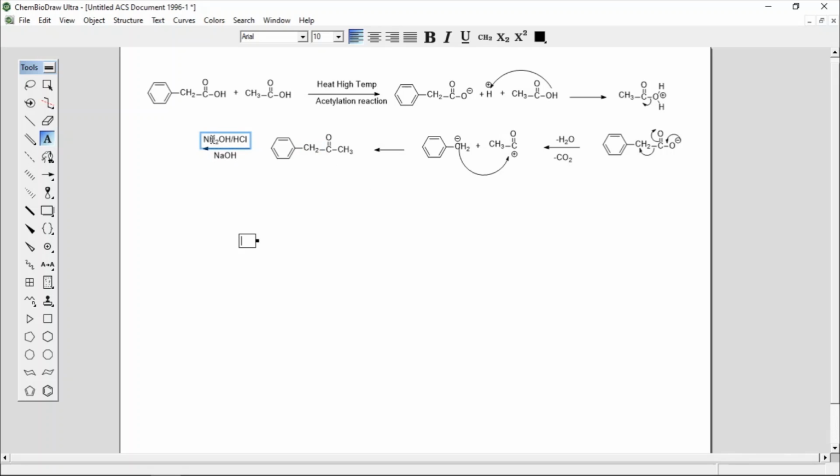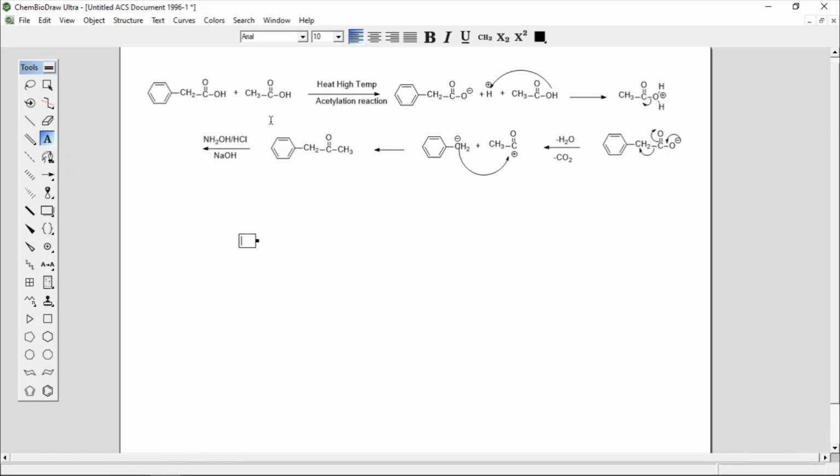In NH2OH both oxygen and nitrogen have lone pair of electrons, but the oxygen is more electronegative than nitrogen, so it will not give its lone pair easily. This nitrogen is less electronegative than oxygen, so it will give its lone pair easily. So this nitrogen lone pair will attack on the carbonyl carbon of this phenyl acetone.